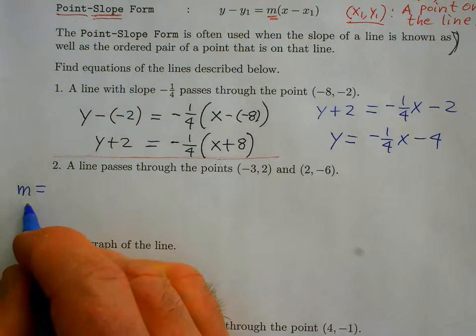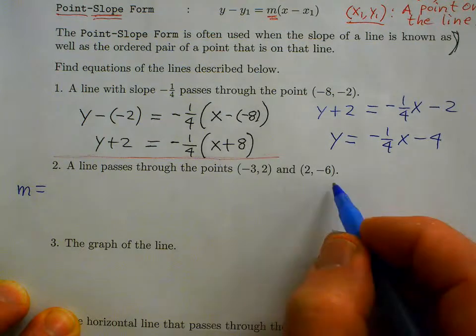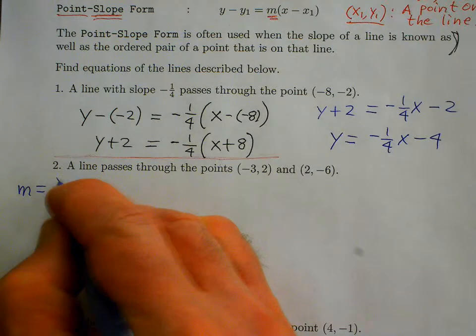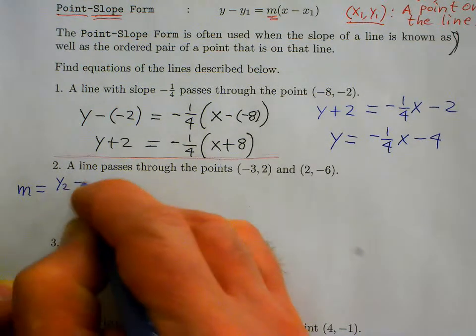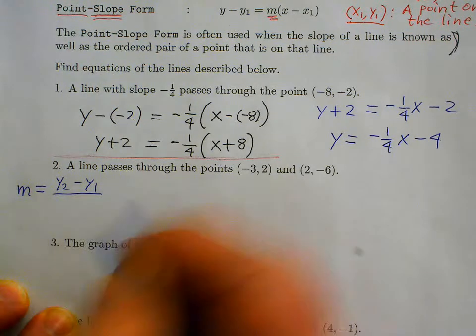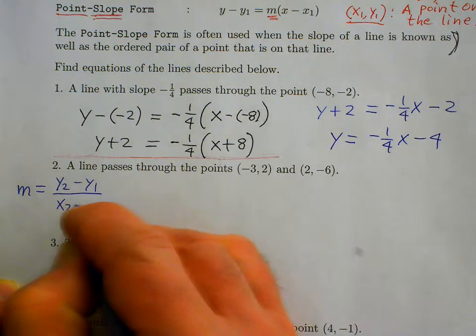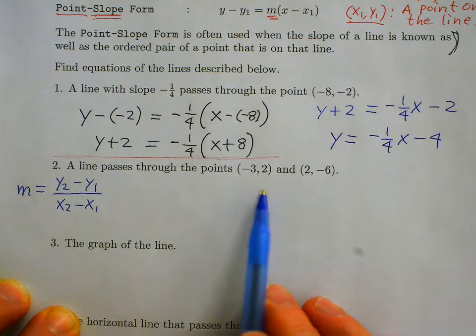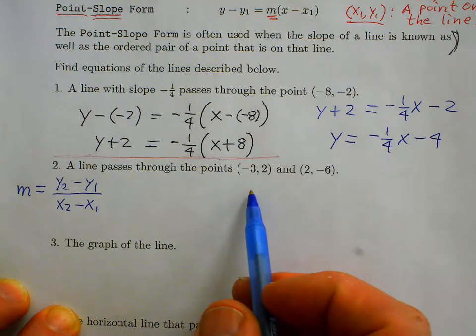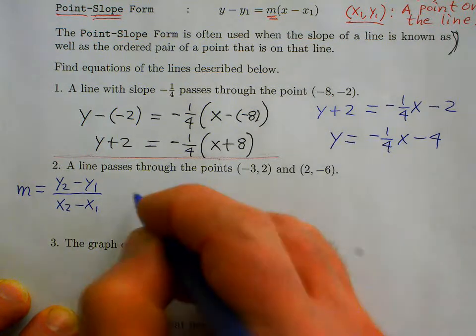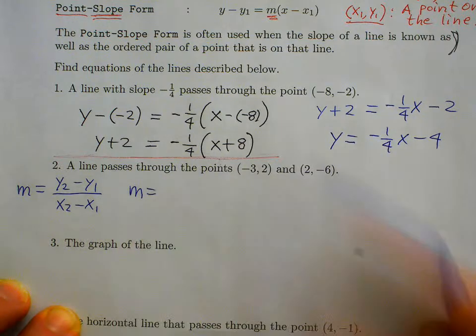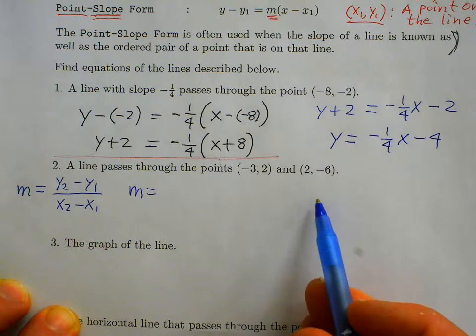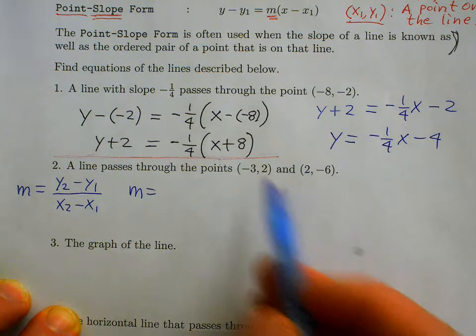The slope of a line, if you're given 2 points, you can write in the numerator y2 minus y1, and in the denominator x2 minus x1. And it doesn't matter which point you label as x1, y1, and so on. So we'll just do what makes the arithmetic easiest.